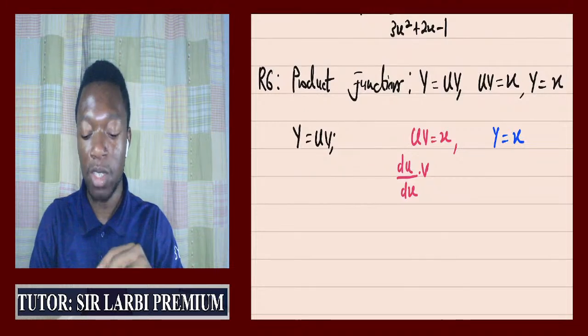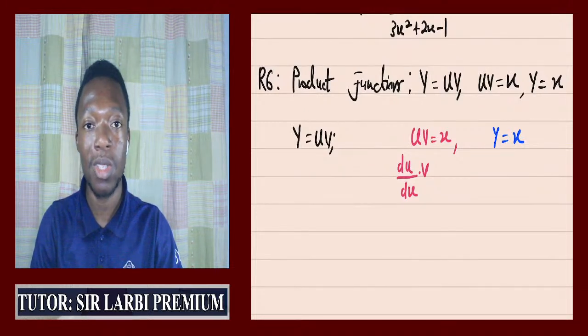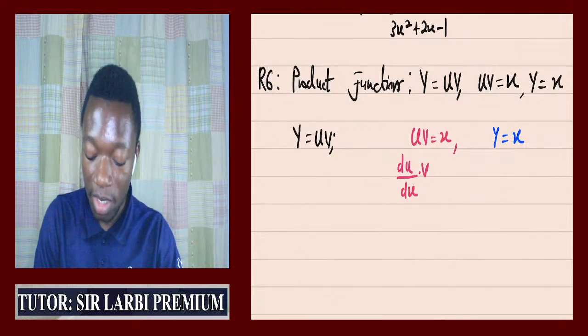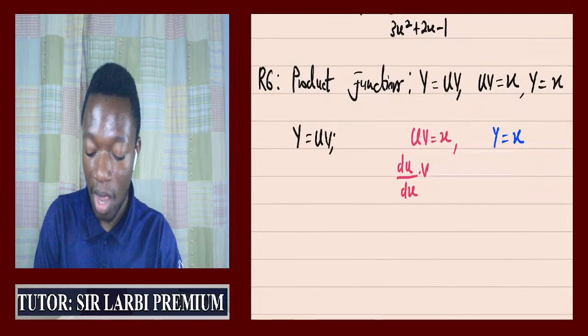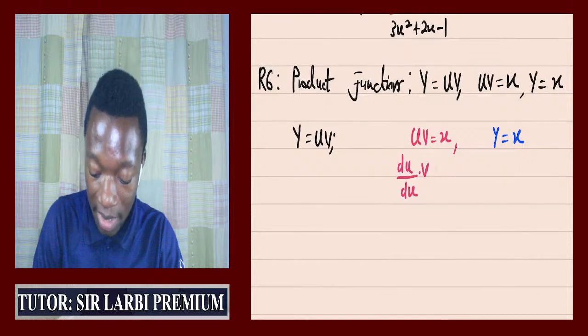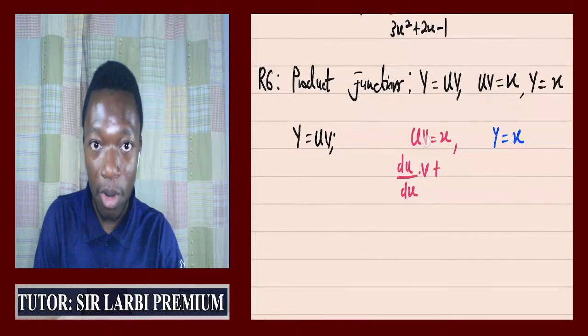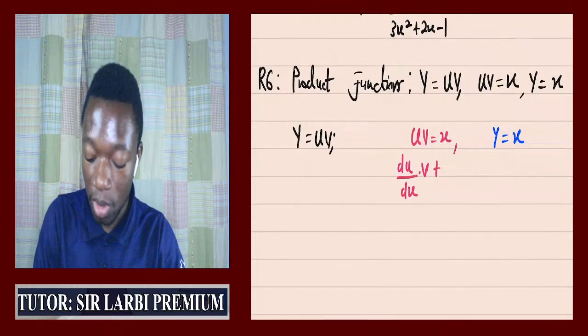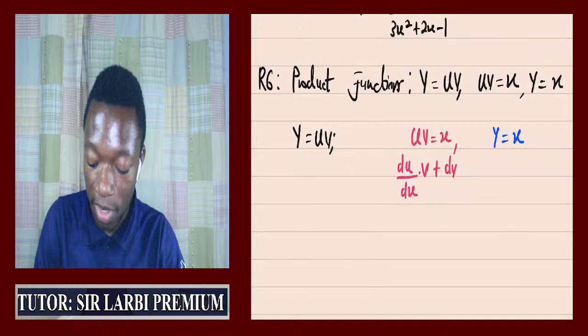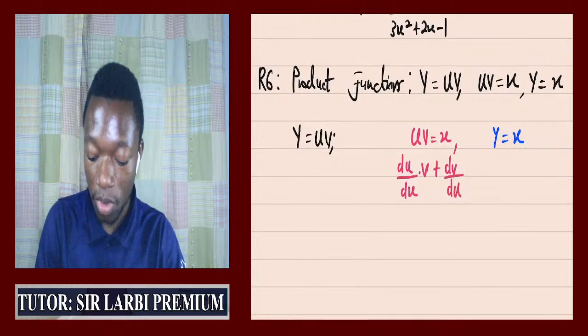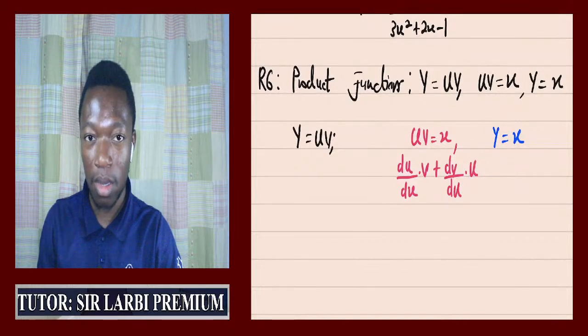Remember, when it comes to differential of product functions, it's always going to result in an addition. Differential of products is going to result in addition. So once I differentiate the u and attach the v to it, I'll come and do the same, and I'll say plus. Then I'll hold the u, and I'll differentiate the v also with respect to x. So it becomes dv over dx, and I'll attach the u as a product multiplying it.